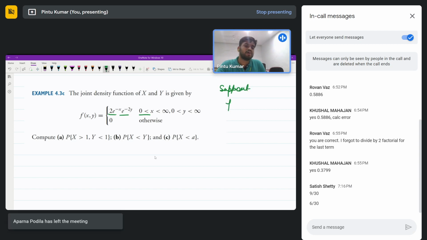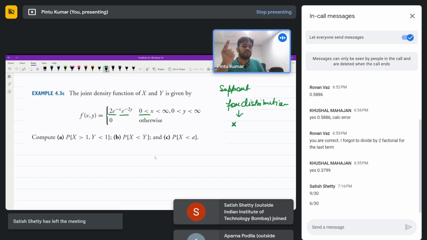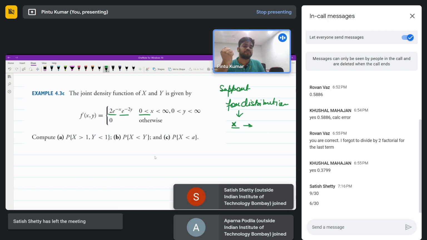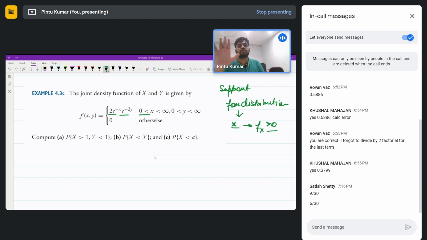For a distribution or a random variable, what is support? If it is a random variable in one variable, then support is the value of x for which f of x is strictly greater than 0, that is, where you get non-zero probabilities.